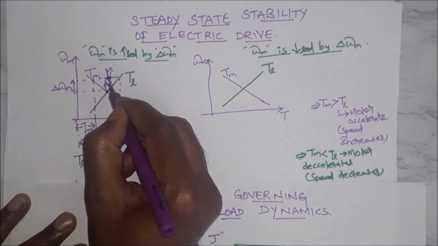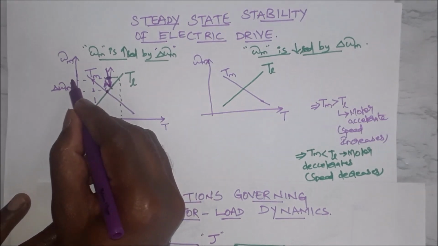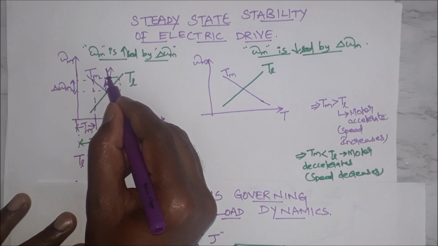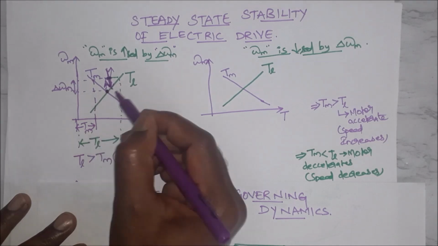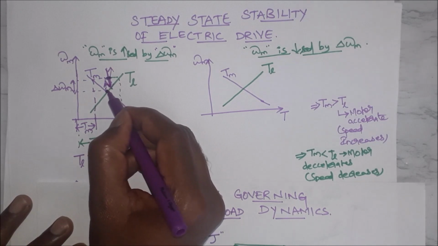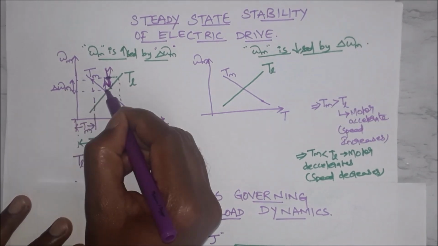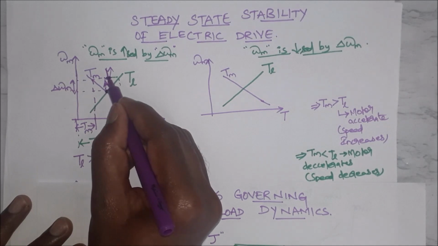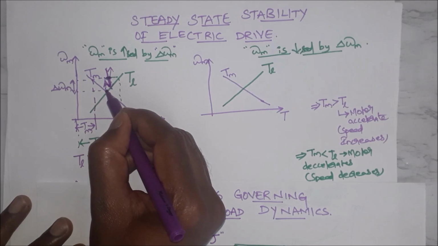So what is happening is, even if you increase the speed, your motor is coming back to the original position. I mean your speed and torque characteristics is coming to the original position. So from this what we can understand is, even if you increase the speed, again the steady state stability is achieved. That means again your motor speed is coming back to the original position. That is called steady state stability.